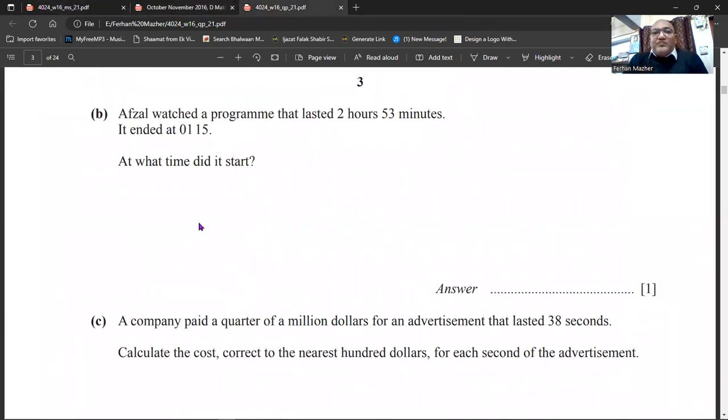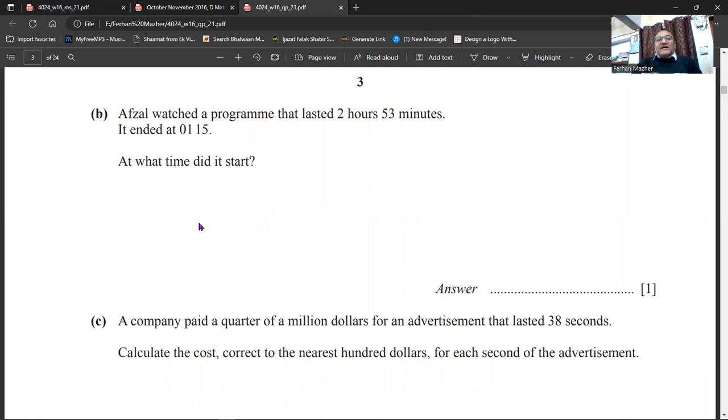Question number 1, its B part. It says, Afzal watched a program that lasted 2 hours and 53 minutes. It ended at 1:15. At what time did it start? So we know the duration of the program, that's 2 hours and 53 minutes. And we also know the time when the program ended. So when did it start? I suppose that this is in 24-hour format.